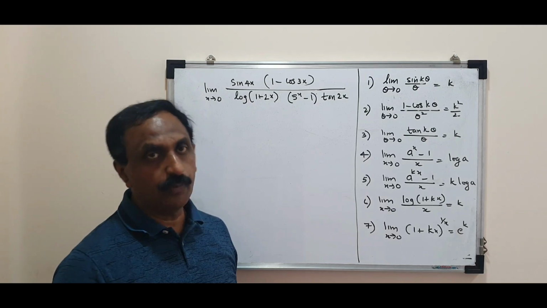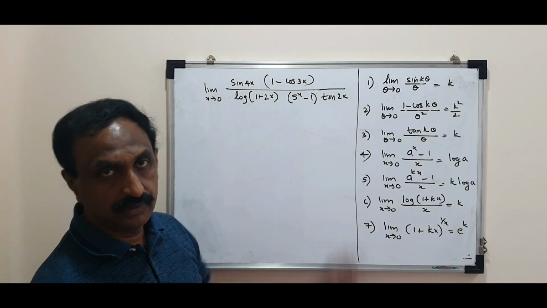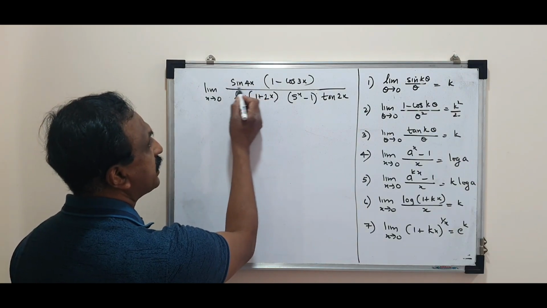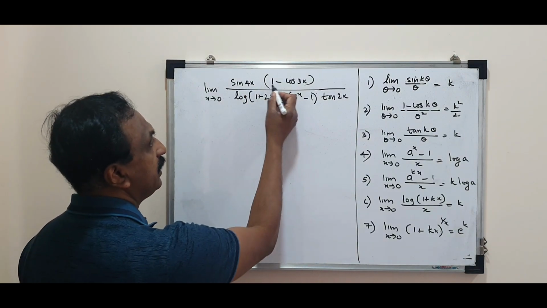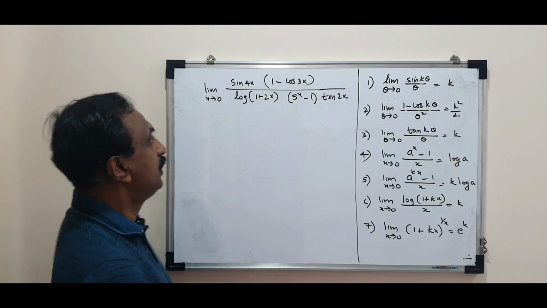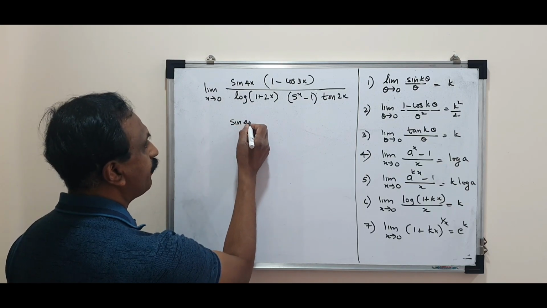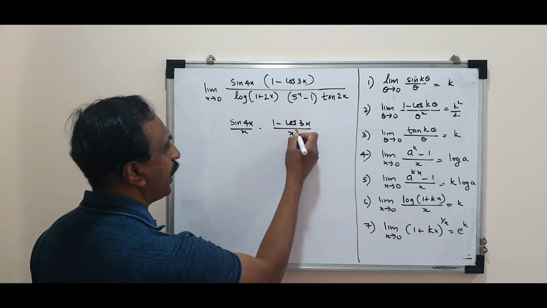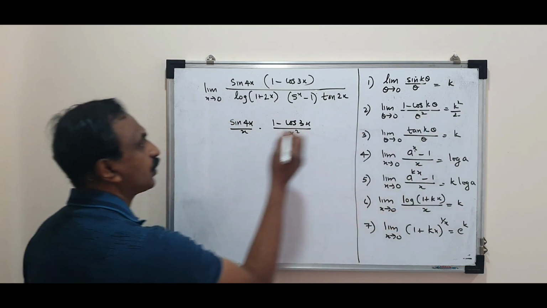Now they can ask you a combination problem like this. First you have to check whether the degrees are equal. Now sin kx upon x will make a formula, and upon x square will make a formula, which means I require sin 4x upon x into 1 minus cos 3x upon x square, because you have seen it is theta square.